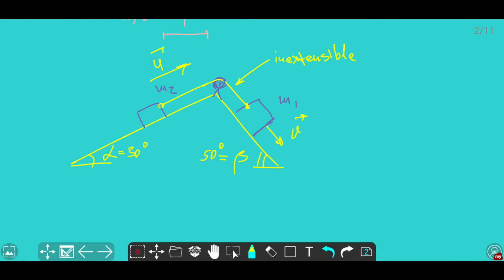And you understand that M2 is moving along the surface with angle of inclination alpha, and that's a completely different direction. However, you still can consider this couple as connected particles. Why? Because the magnitude of speed of M2 will be equal to the magnitude of the speed of object M1. And what about acceleration?